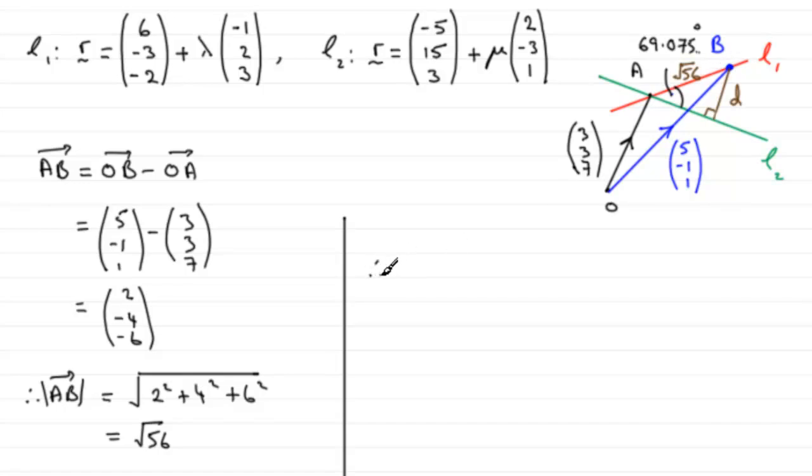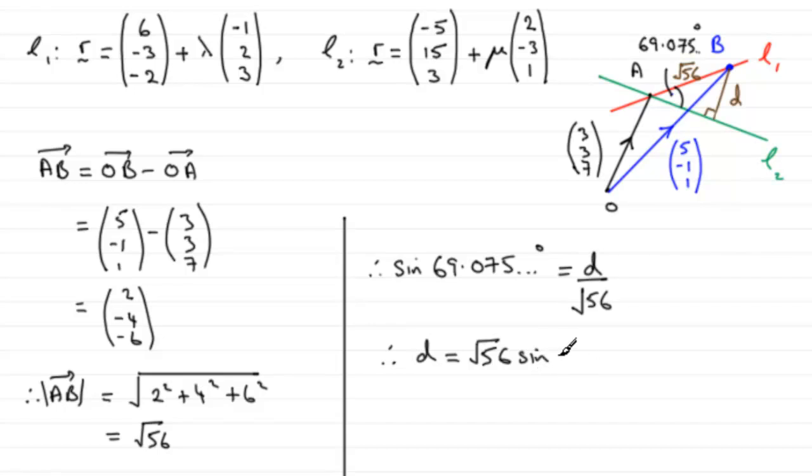So therefore we've got sine of the angle, 69.075 and so on degrees, equals opposite side, D, over the hypotenuse, which we've just worked out is root 56. And if we rearrange this for D by multiplying both sides by root 56, then we've got root 56 times the sine of 69.075 and so on degrees.